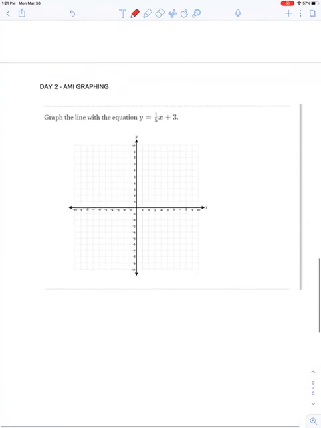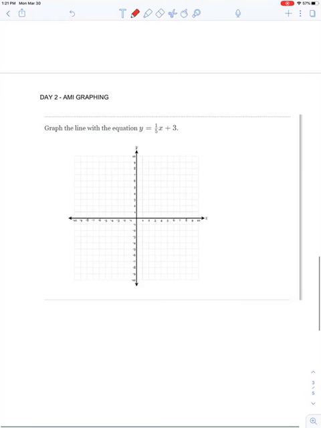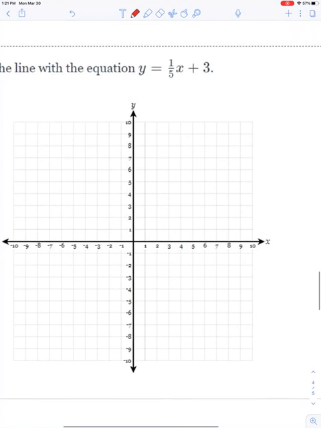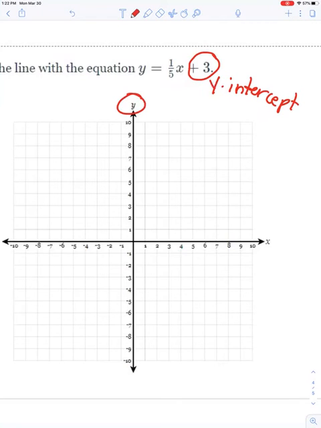The last thing that y'all were supposed to do on day 2 was actually graph. So remember, when you graph, this is your y-intercept, and this is where you start. So it's a positive 3 y-intercept, so I put a point at 3. And then I use my slope.